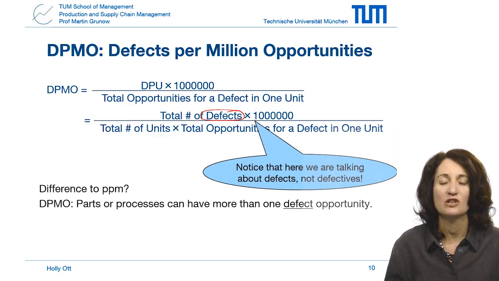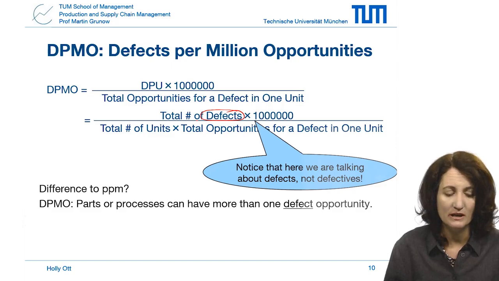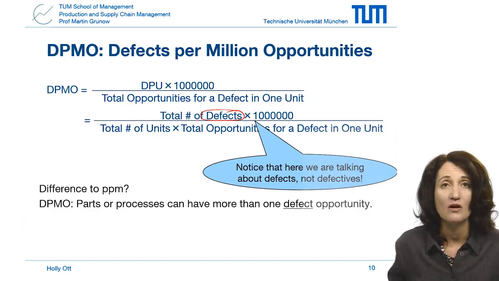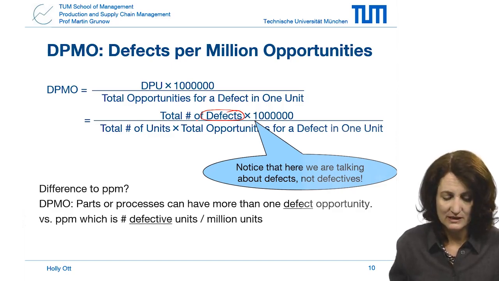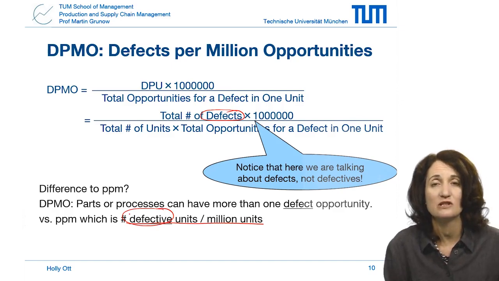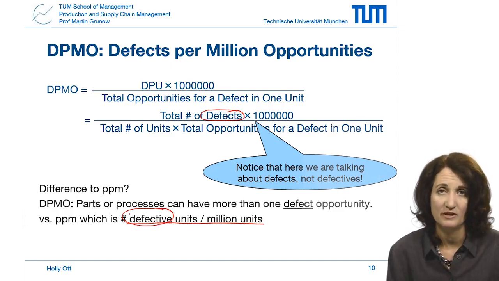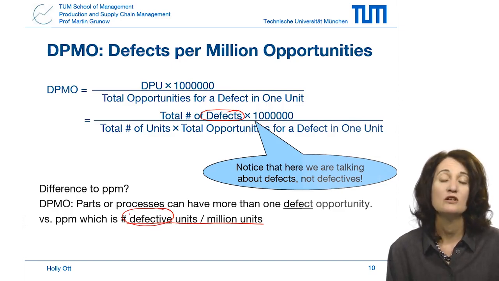More defects can occur and create one defective. PPM, parts per million, is the number of defective units per million units. So you're looking at the defective units that are coming out of the process. Now, these are often used interchangeably in industry. And we're going to look at this again in the context of Six Sigma.